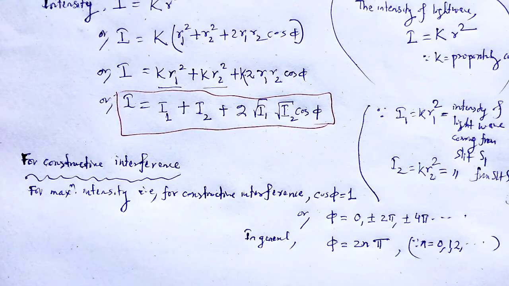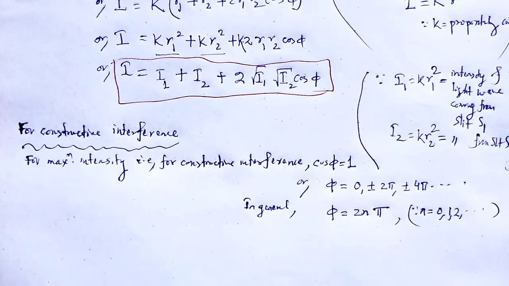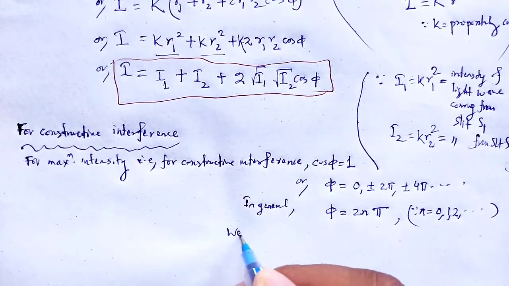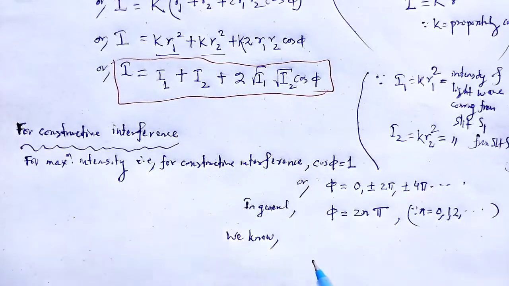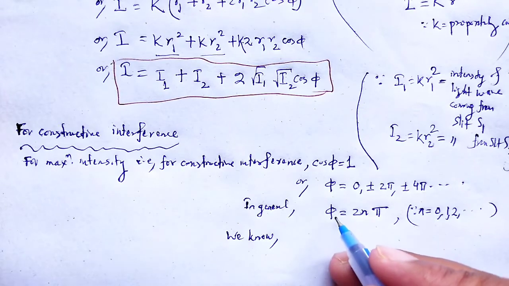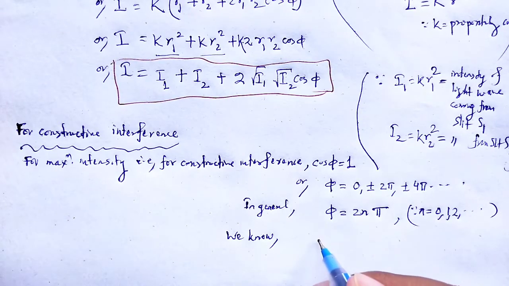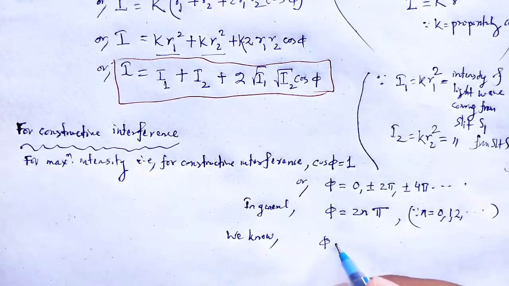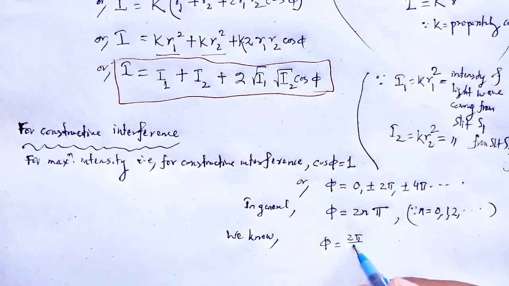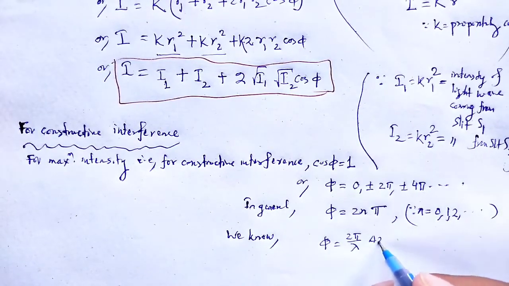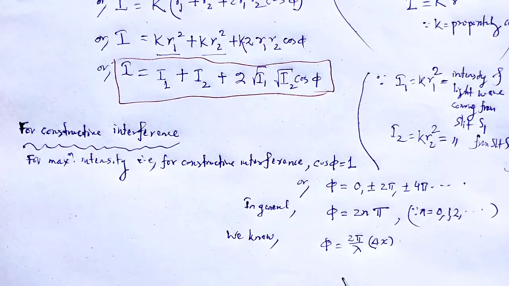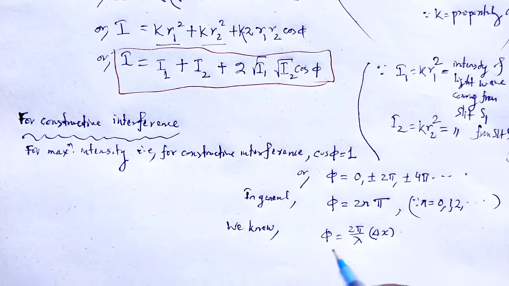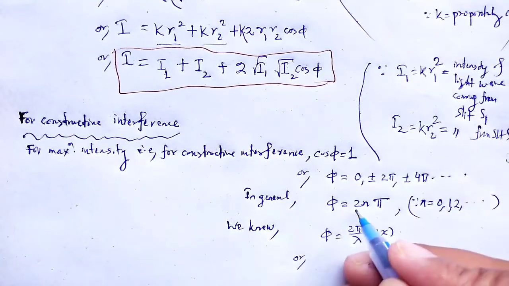Again, the relation between phase difference and path difference, we know: phase difference phi is equal to 2 pi by lambda into path difference delta x. Here phi is equal to 2n pi.